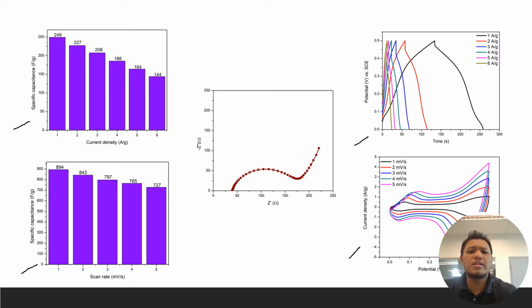The correlation between current and scan rate is almost linear, just a little bit distorted. That's why I proceed with Trasatti. When you don't have a very distinct redox peak and don't have a plateau on your GCD, you can proceed with the Trasatti method to calculate the contribution, whether the capacitive contribution is dominant or the diffusion control is dominant.